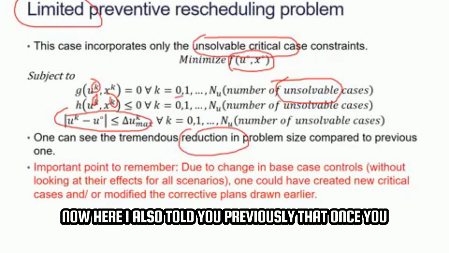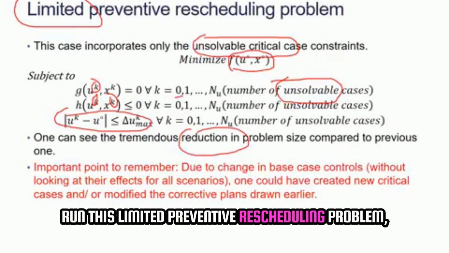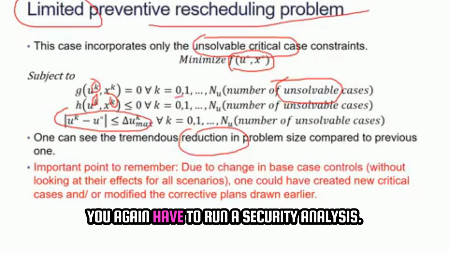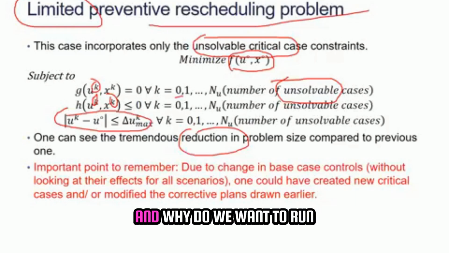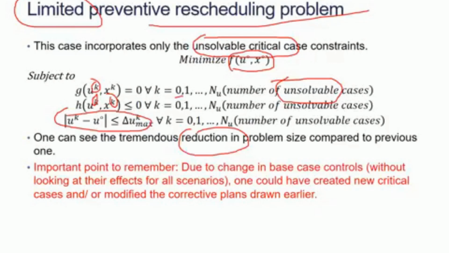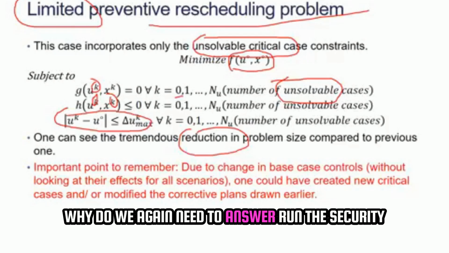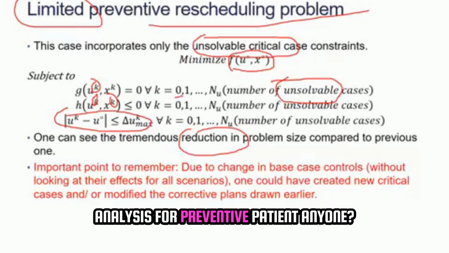Now I also told you previously that once you run this limited preventive rescheduling problem, you again have to run a security analysis. And why do we want to run the security analysis again? Can anybody answer this? Why do we again need to run the security analysis after preventive rescheduling? Anyone?